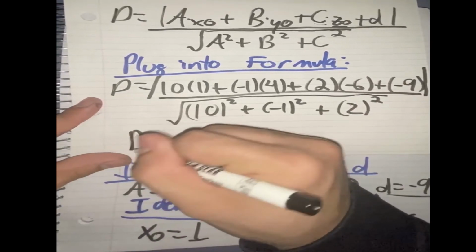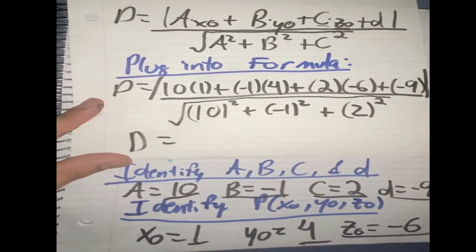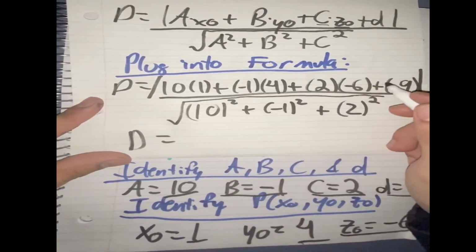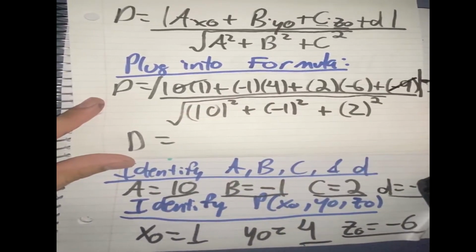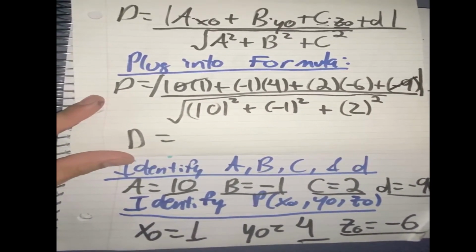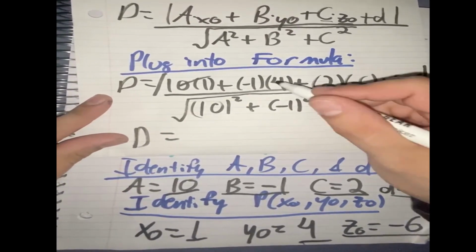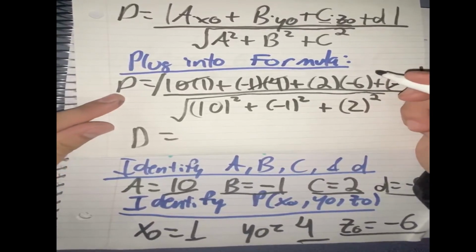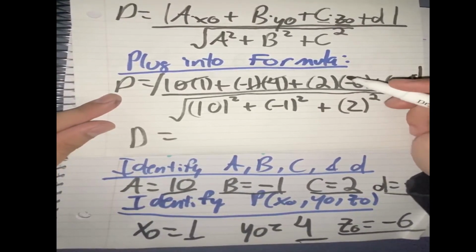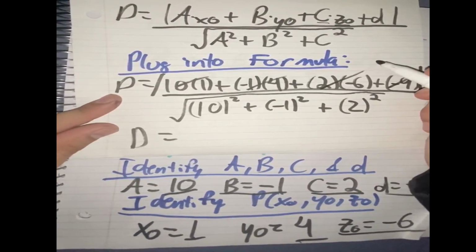And then whenever we plug this in, we get our d is equal to 10 minus 9. You can use a calculator, you can try to do it by hand. Either method works. 1 minus 4 is minus 3. Minus 3 minus 12 is minus 15.